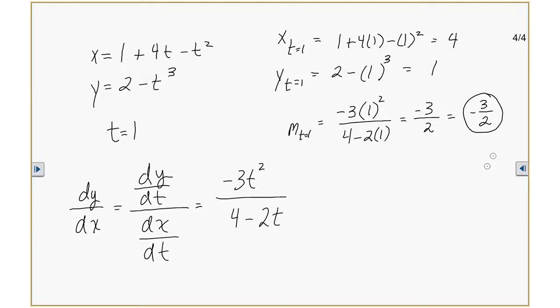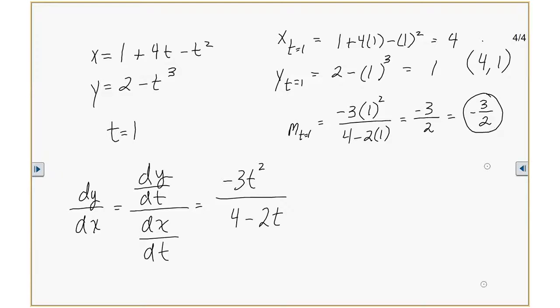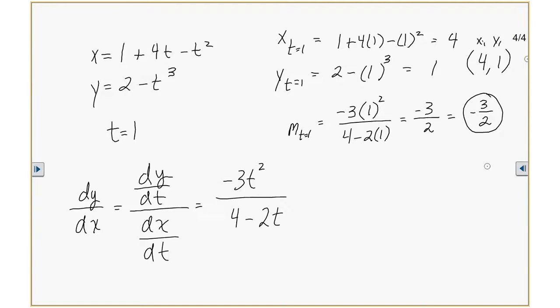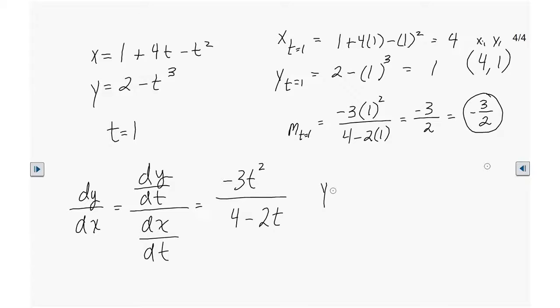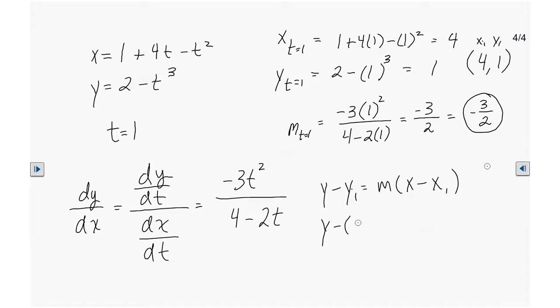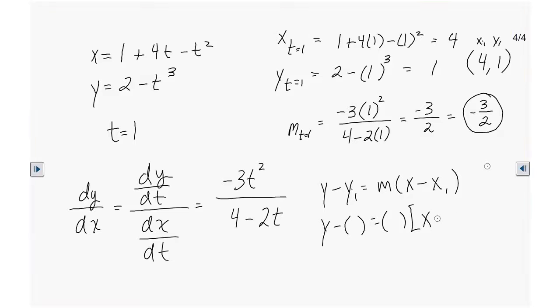So I've got a point and a slope. What am I going to plug it into? The point slope equation: y minus y sub 1 is equal to m times x minus x sub 1.